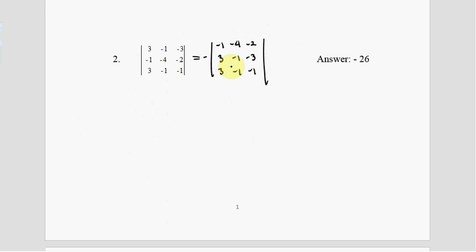Interchange two columns, negate the determinant. Now what's fancy about that is you can interchange two rows here, interchange two rows down there, and it's negative times negative is positive, right?